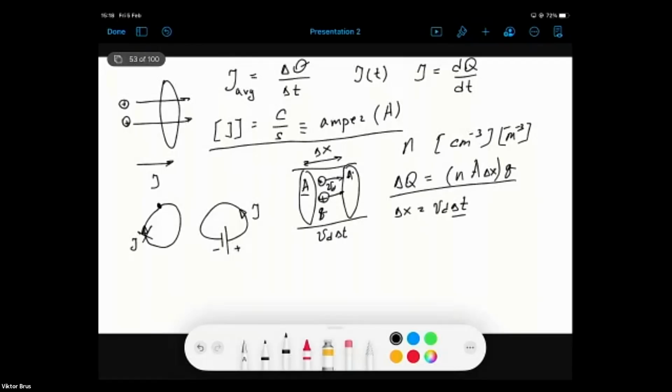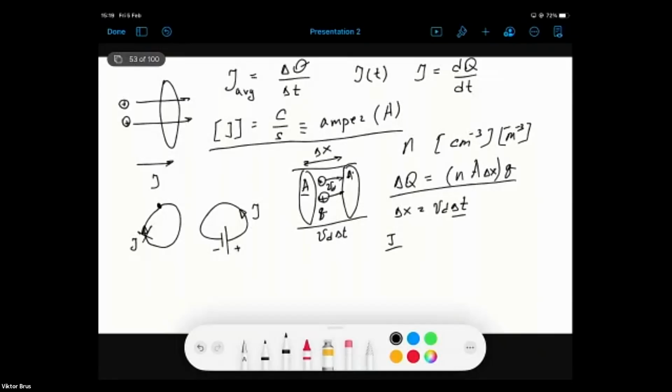For our consideration, it's useful to consider the so-called tau, which is the time interval between two successive collisions of a charge carrier with the atoms in the crystalline lattice of the conductor. So it's a really very short interval of time, and we can definitely operate with this.